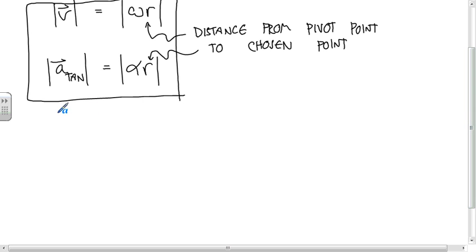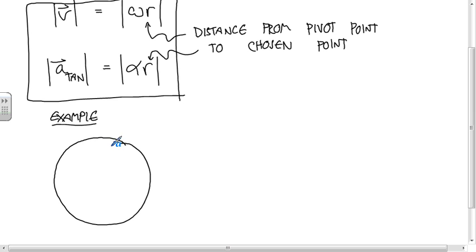And let me do an example problem. So let's say we have a wheel of fortune type wheel. It's rotating about, so the pivot is the center, okay? And let's say that we're interested in the translational quantities of this point A. That's a distance of 0.3 meters from the pivot point.